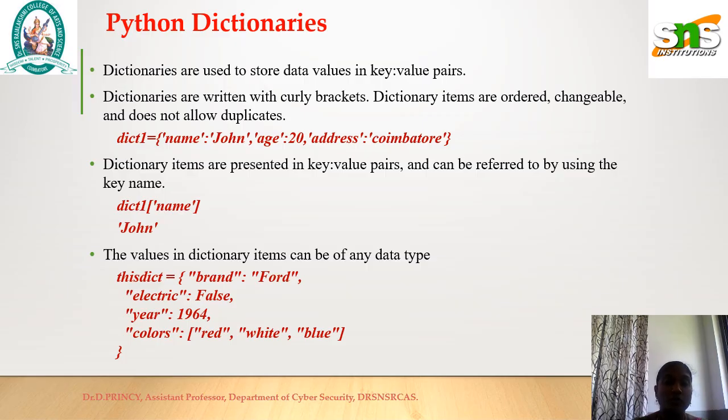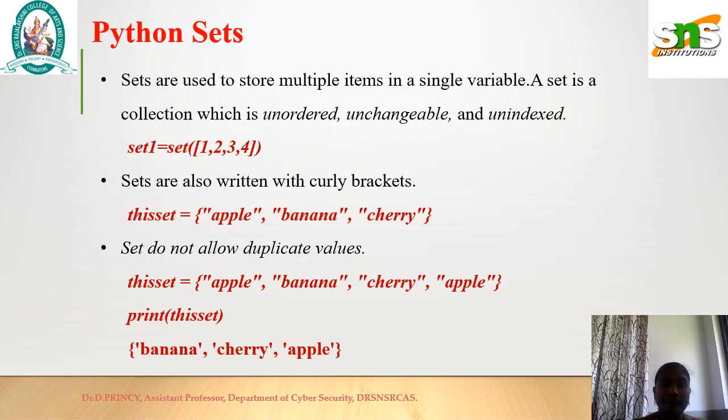It can have only unique values. Name colon John, that is name is a key, John is the corresponding value to that key. Age 20, address Coimbatore. We can access the values using the key, dict of name displays John. The values in dictionary items can be of any data type. That means keys can also be any data type, and values also can be any data type.